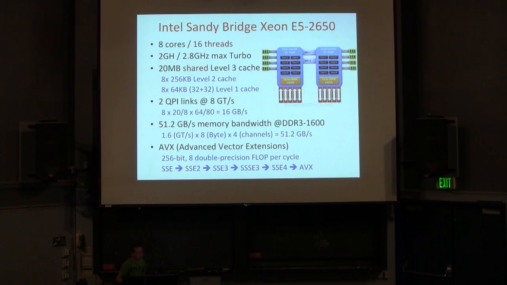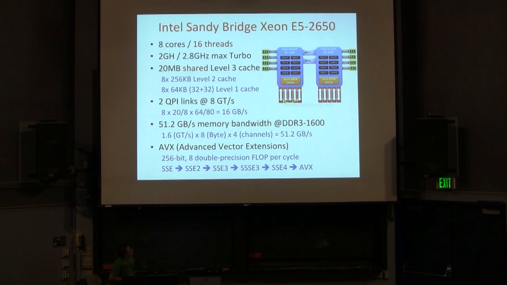The bandwidth of the QPI is only about 16 gigabytes per second, but the total memory bandwidth is actually 51.2, right? So this clearly shows you it's much cheaper for a CPU to access its local memory than to access the remote memory through the QPI links. You should have this in mind when you design your code.